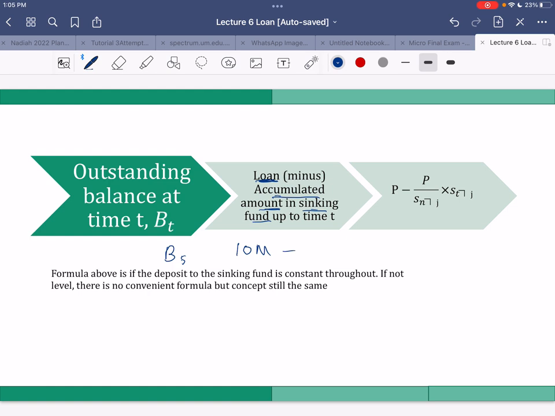Let's say at time 5, your sinking fund has 2 million. So your outstanding balance at time 5 is 8 million. This formula for B_t is applicable only if the regular payment is constant, that is, level.